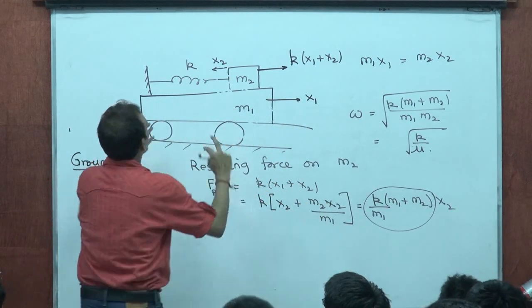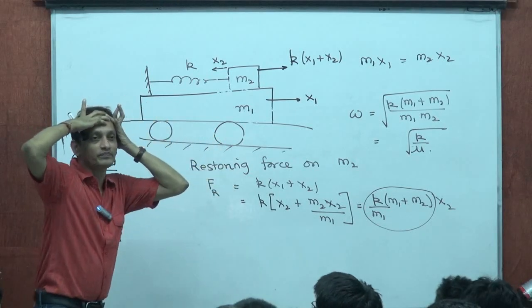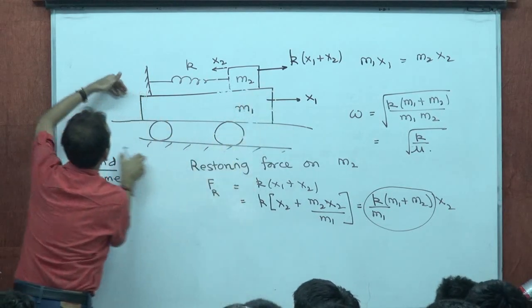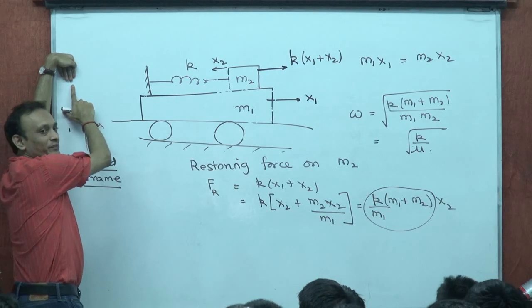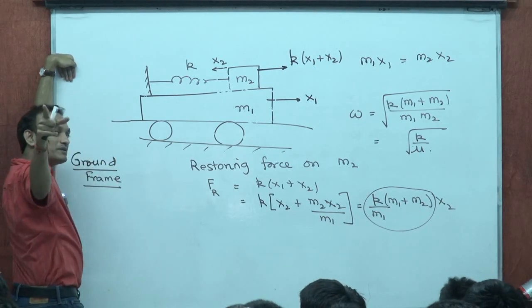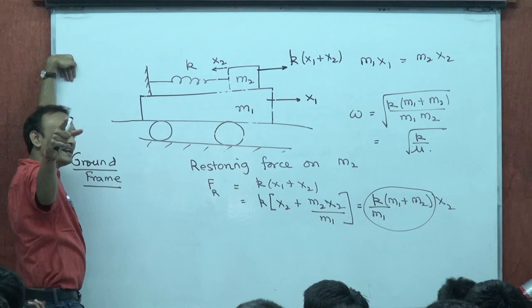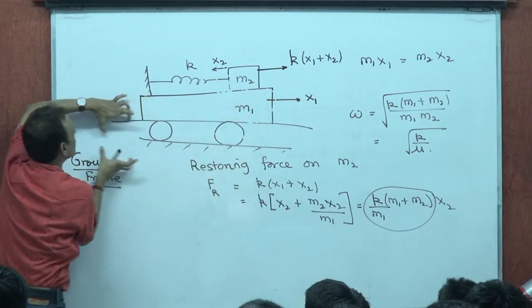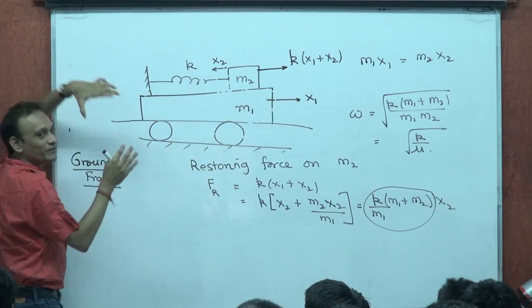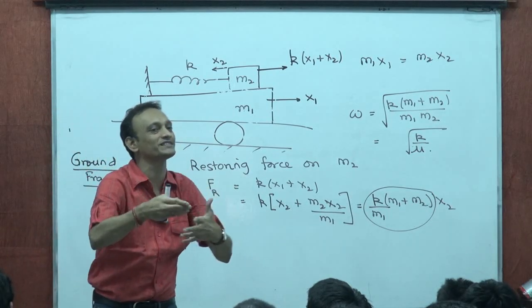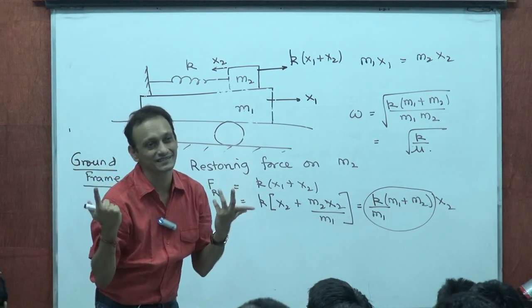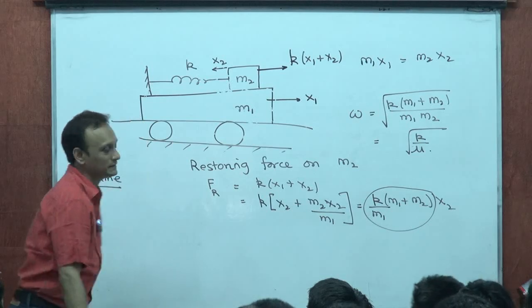If you really think about it physically, you could unfold this mass M1 and bring it here, and it will resemble the two-block oscillator. Just imagine this, open up and bring this mass M1. There is no physical difference between this situation and that situation, isn't it? That's the way we can look at it.